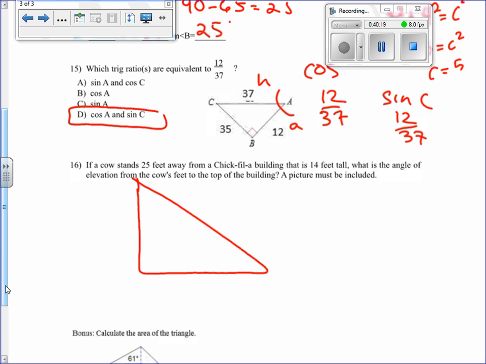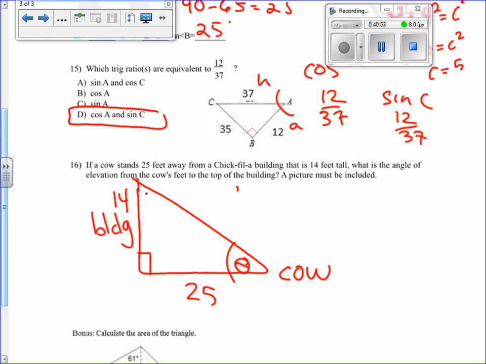If a cow stands 25 feet away, so the cow is here, away from the building, this is the building, so the 25 has to go here, the building makes a right angle with the ground. It says what is the angle of elevation, so it's inside the triangle, is it going to be up top or down low? That's my angle. Which trig function would that be if I know the building is 14 feet tall?